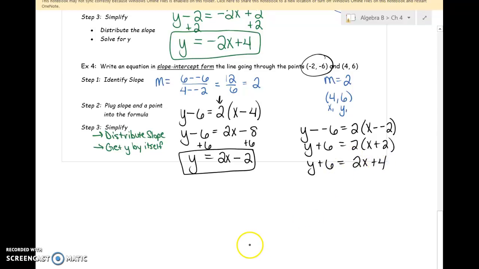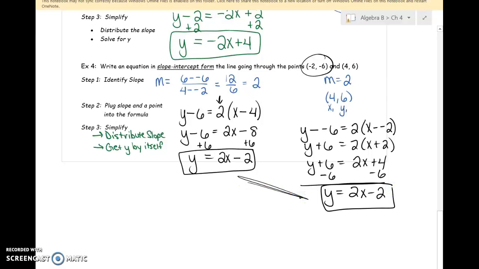And then what would I do next? Subtract 6. Notice it doesn't look the same right now, but when we subtract 6 from both sides, notice we end up with the same answer no matter which point we choose. So as long as you're doing the math correctly, it does not matter which point you pick.